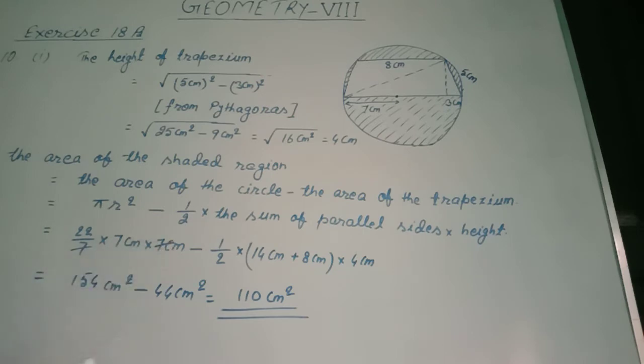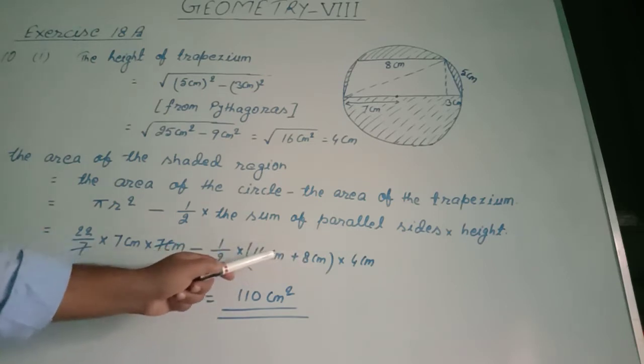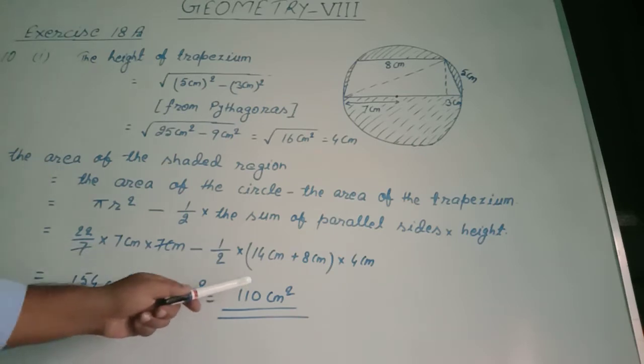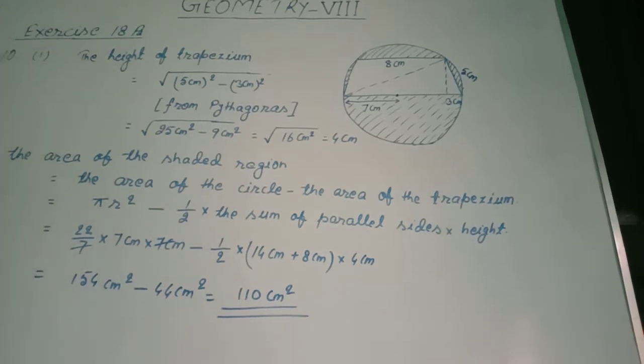This 7 and this 7 cancel, 22 into 7 equal to 154 centimeter square, and this is 22, so 2 11 is 22, 11 into 4, 44 centimeter square. 154 centimeter square minus 44 centimeter square equal to 110 centimeter square, that is the area of the shaded region.